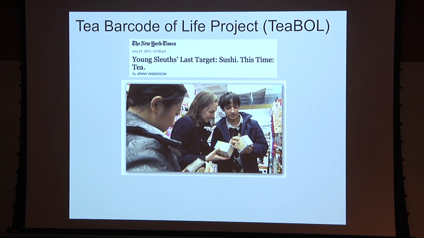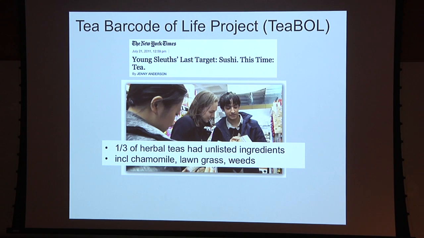They went around and just bought tea from different stores, Starbucks, grocery stores, school cafeteria, commercial products of teas, and with the help of New York Botanical Garden, did DNA barcoding on this. So the most striking thing was that a third of herbal teas had unlisted ingredients. So sometimes it was chamomile, which is commonly used in teas. It just didn't say that on the label. But some of it was lawn grass or various other common weeds you might find in your backyard.